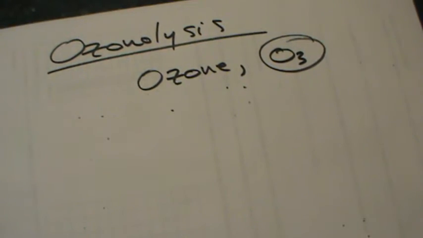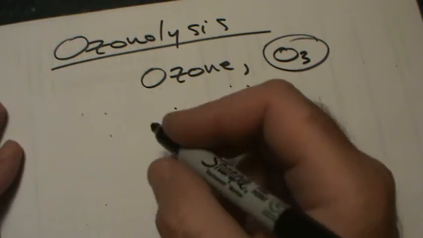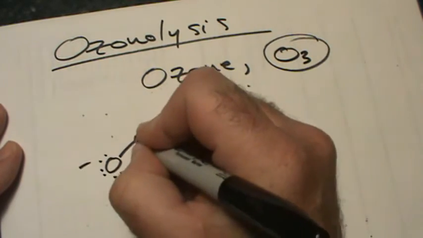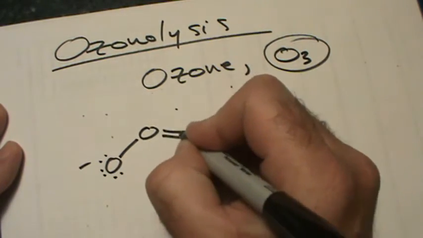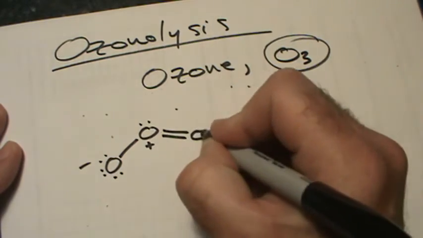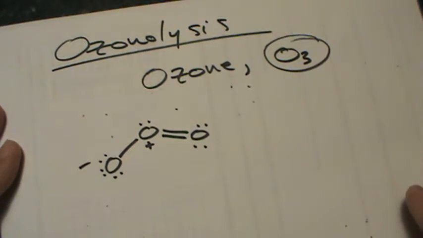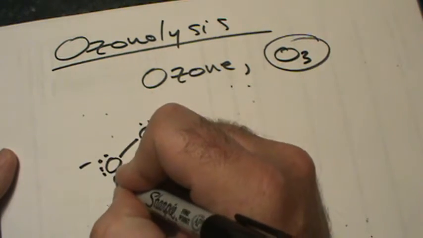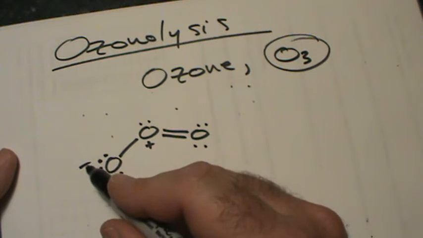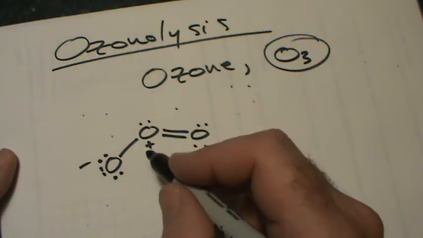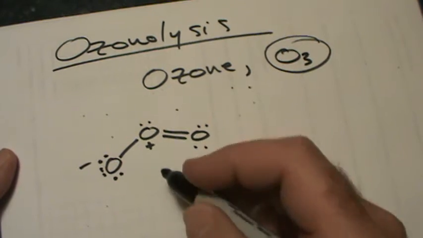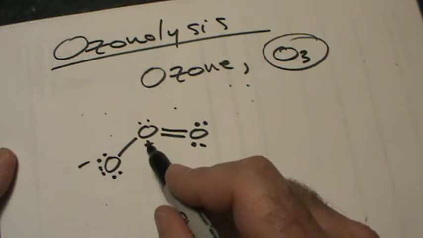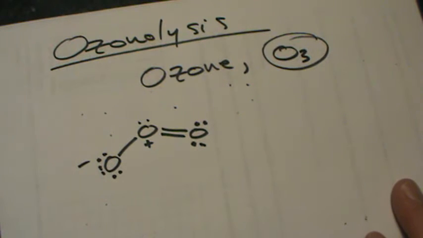Now there are lots of different resonance forms for ozone, but one of the more significant resonance forms looks something like this, where you see that we have a dipolar structure. So on one end of the molecule, the oxygen is negatively charged, and then in the middle of the molecule, the oxygen is positively charged. We refer to this as a dipole, positive and negative ends of the same molecule.